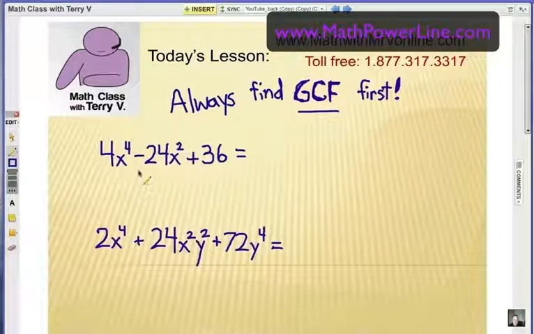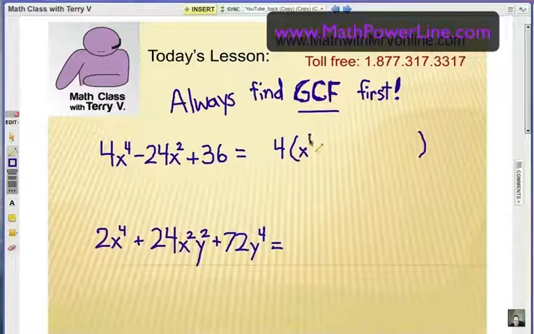Here's the rule. Always find the GCF first, greatest common factor, because the way it appears now, it may not fit the perfect square trinomial pattern, but after I factor out a common factor, maybe it will. Let's try that. I'm still going to have a trinomial here inside those parentheses, but let's see. I can take out a factor of 4. That would leave me with x to the 4th minus 6x squared plus 9.